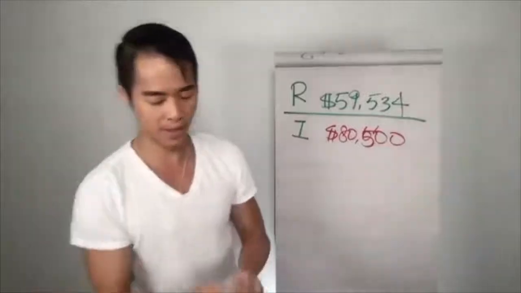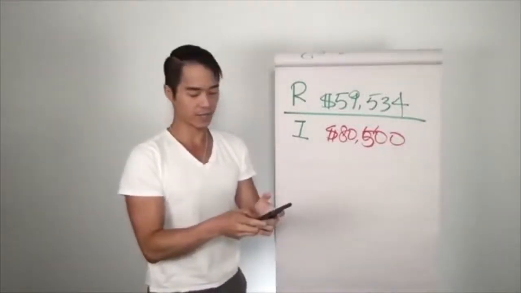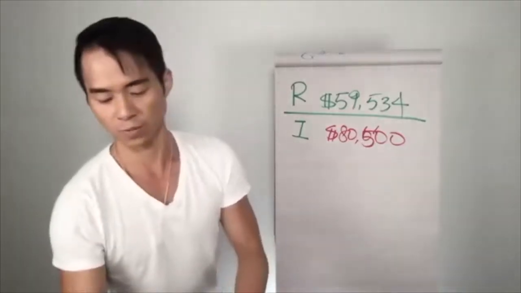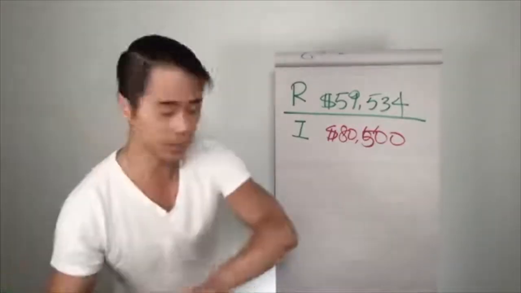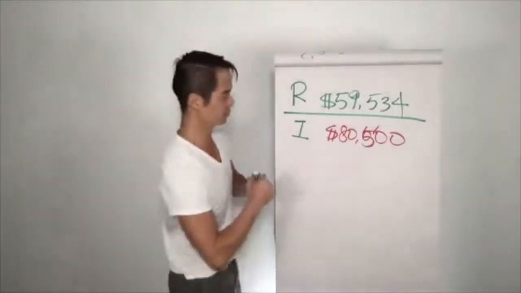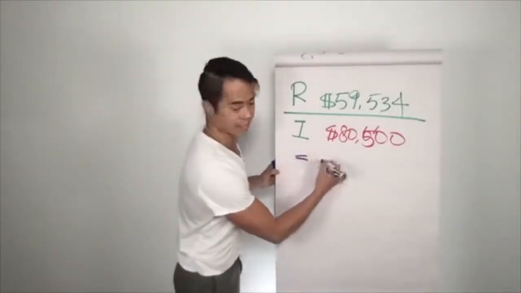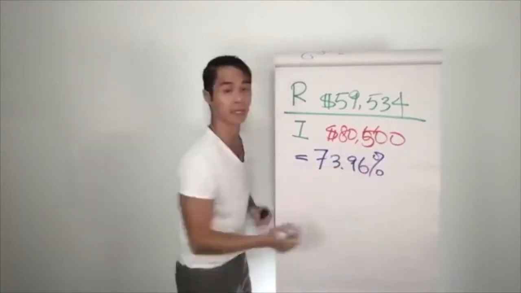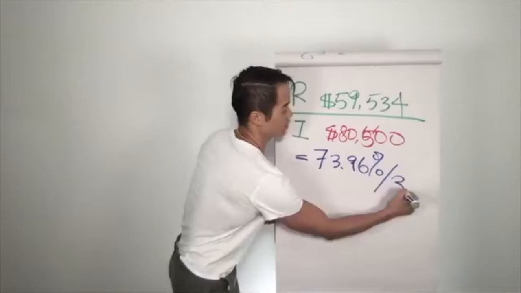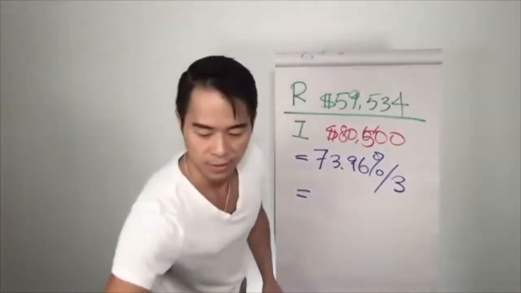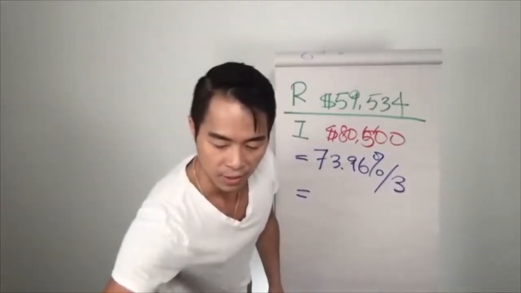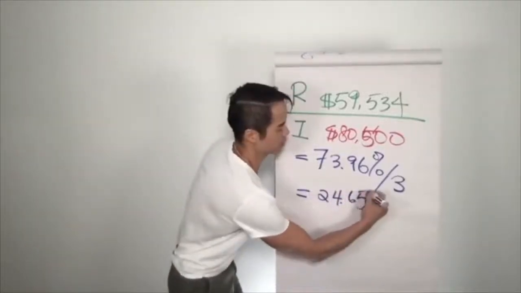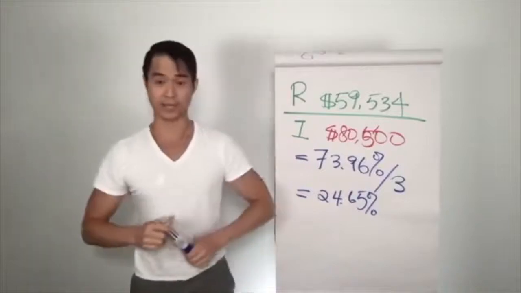So let's do that math. Divided by 80,500 and then times 100%. So what we have is 73.96% over 3 years. So divided by 3, you get roughly 24.65% on an annual basis.